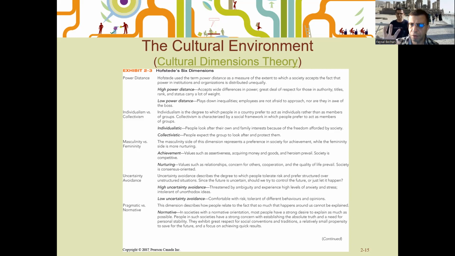It's the behavior or the characteristics attached to a person. The masculine side of this dimension represents a preference in society for achievement, while the feminine side is more nurturing. So one is looking for more achievement and the other is looking more at nurturing.